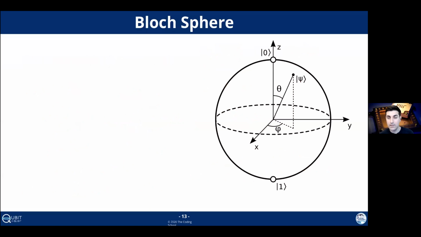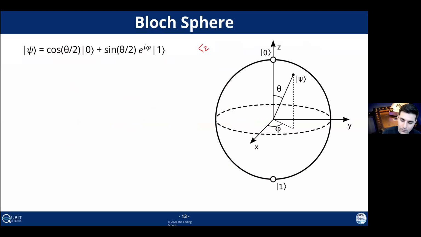Now, why is this useful? Well, it turns out that I can use this definition to show the state of my qubit on a unit sphere. Again, why is it a unit sphere? Because if you remember, the overlap of psi with psi needs to be equal to 1 for any quantum state, and therefore the radius of the sphere will be 1.